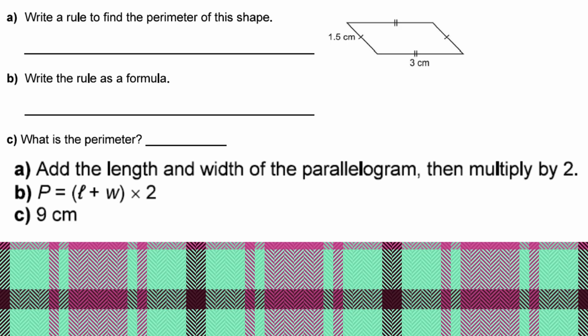So for this particular parallelogram, the perimeter would equal 9 centimeters, because 3 plus 1.5 equals 4.5. That multiplied by 2 equals 9. We also have to remember to include the unit of measurement. In this case, it is centimeters. So the perimeter equals 9 centimeters.